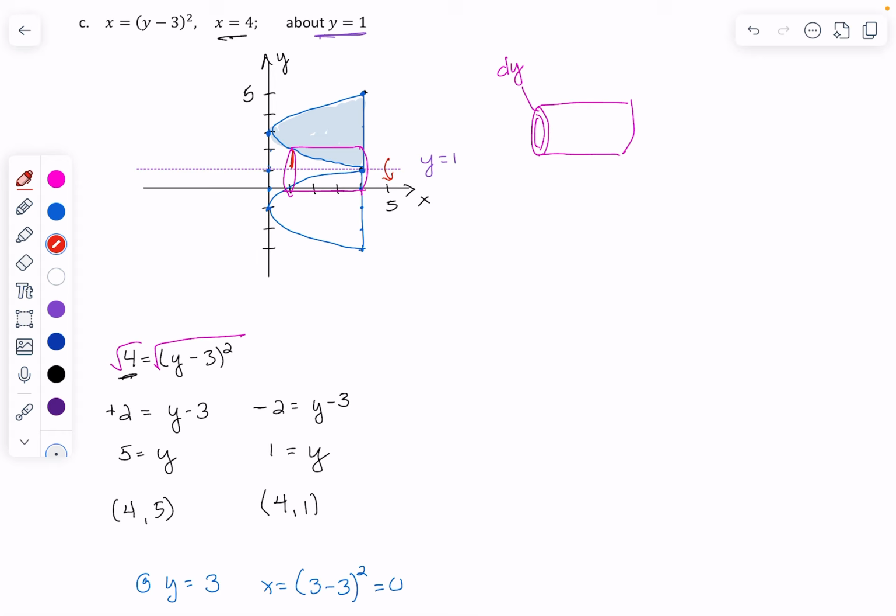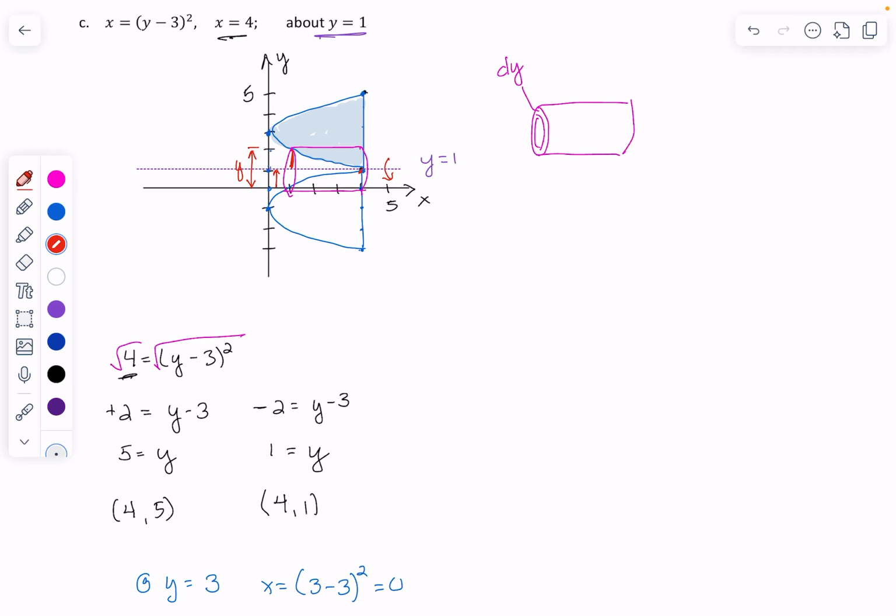So if I look at, let's say, my lowest point there, right here, I know I have a radius of 0. So instead of it being at y, which is normally what I do, where I normally say my radius is y, like this whole thing is equal to y, right?